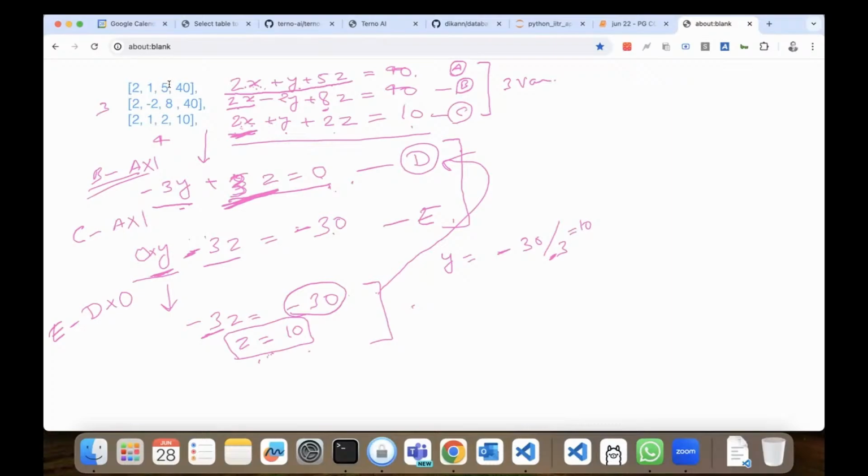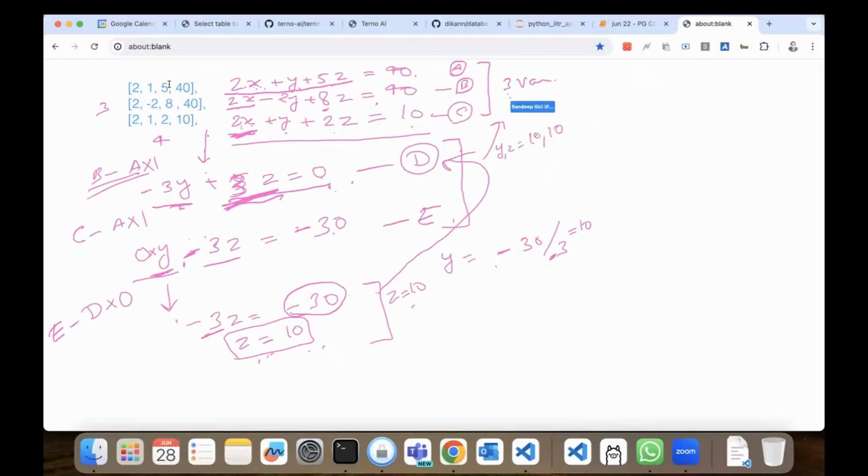So when we are calling the recursion, we go from 3 variables to 2 variables, 2 variables to 1 variable. And from 1 variable, I go back, put this value back into here, and calculate y. Now I have y and z equal to 10 and 10.